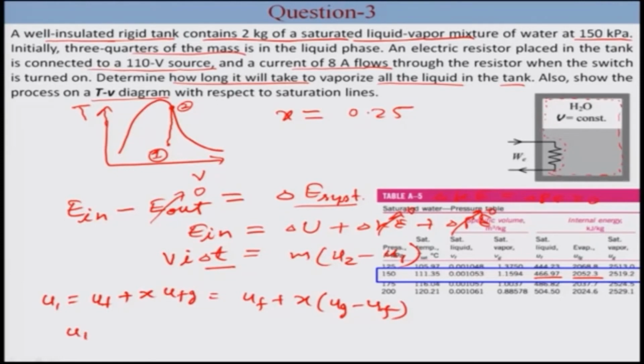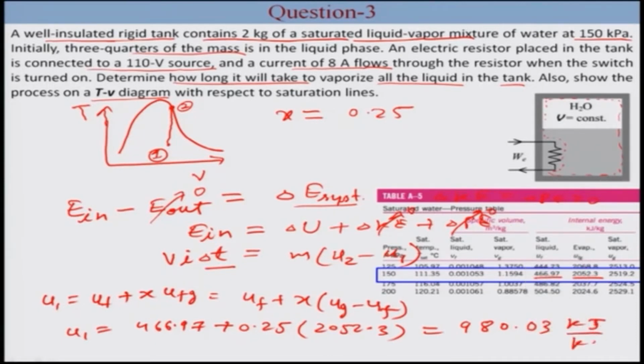So u1 will be 466.97 plus quality, which is given as 0.25, times ufg, which is 2052.3. This gives us 980.03 kilojoule per kg.